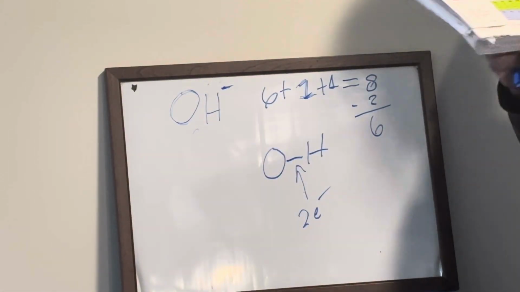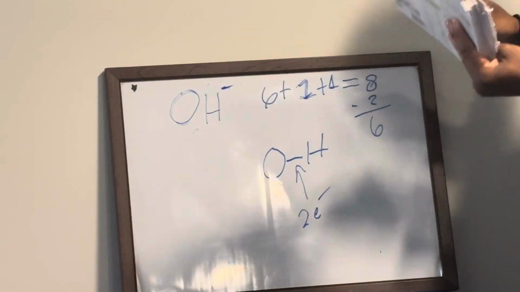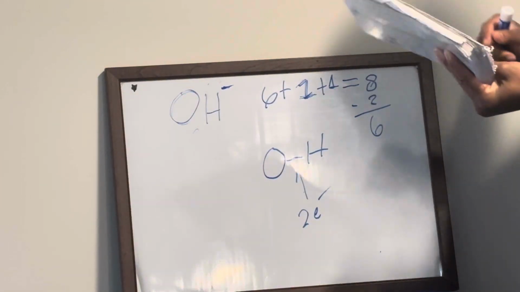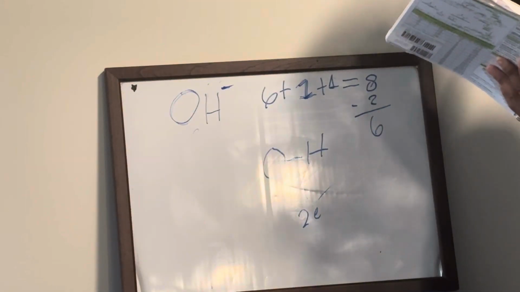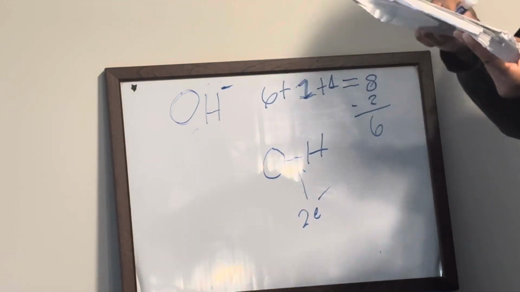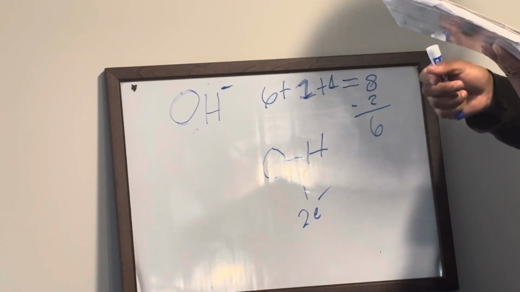So if you look at your periodic table, you see your noble gases all the way on the right in column 18. So 8 electrons all of these elements have in the noble gases.